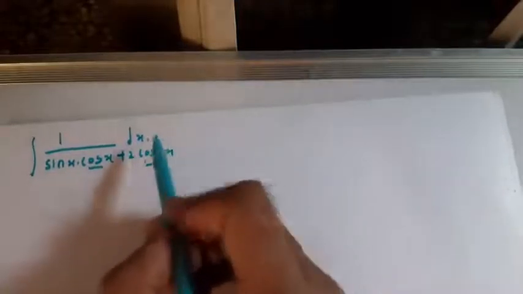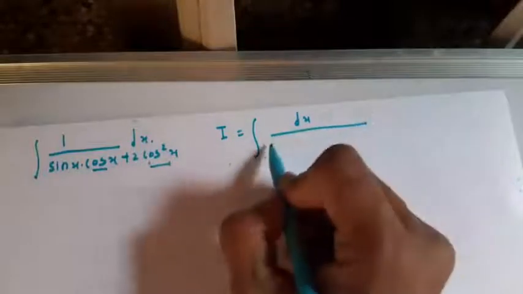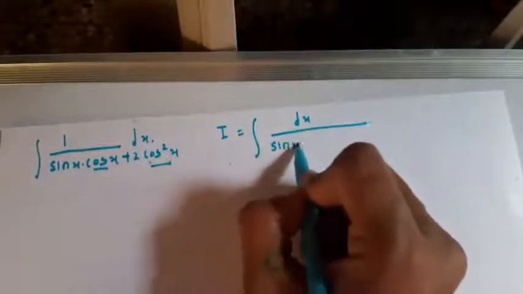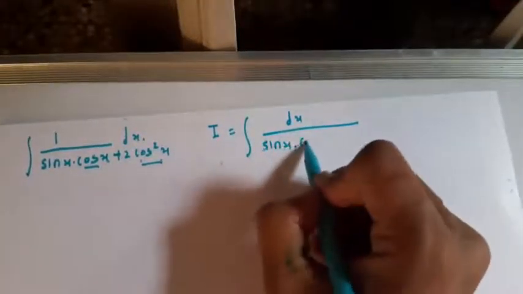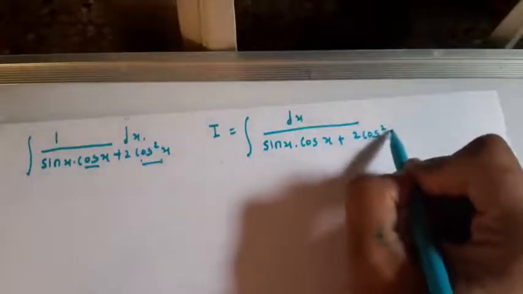So here cos x is there, cos x is there. So let us solve the integration. Let I equal to the integration of dx upon sin x into cos x plus 2 into cos square x.